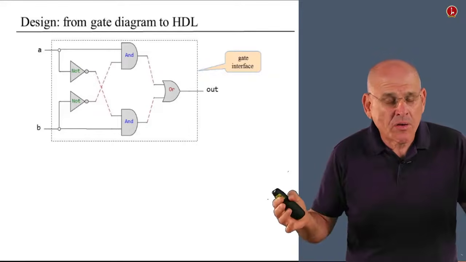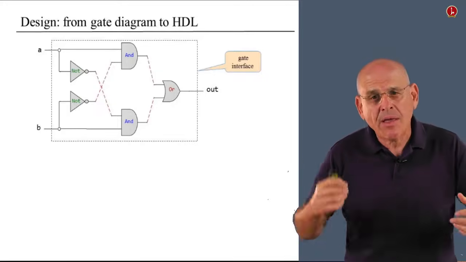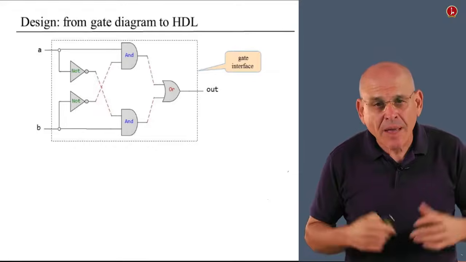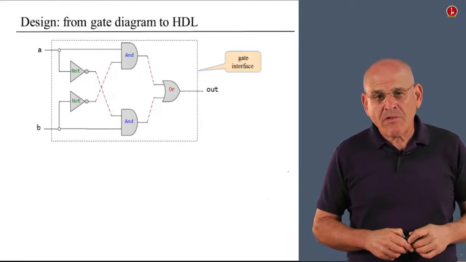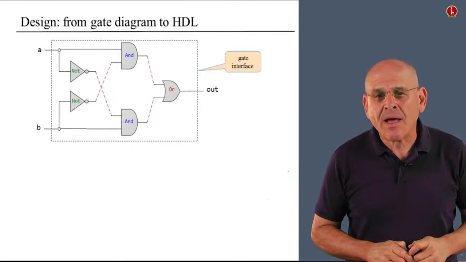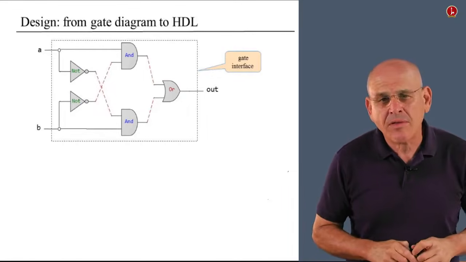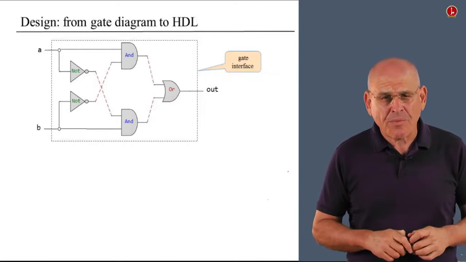All the user knows is that he or she has a gate that has two inputs, A and B, an output called out, and altogether somehow this chip, as if by magic, delivers the XOR functionality. So we draw this diagram and this interface, and now we can delve more into the inner architecture.